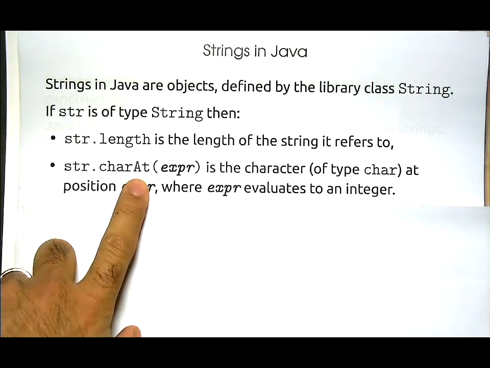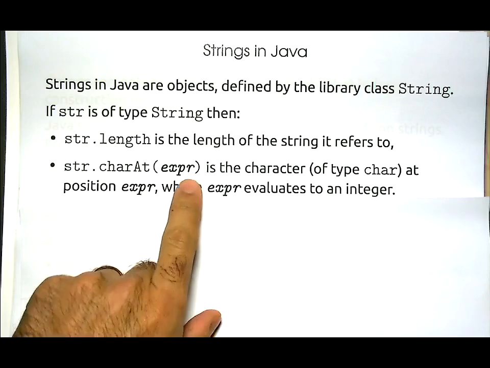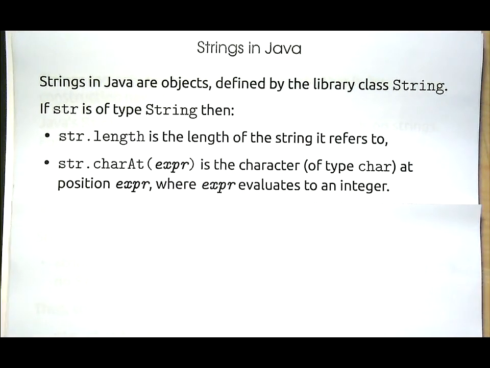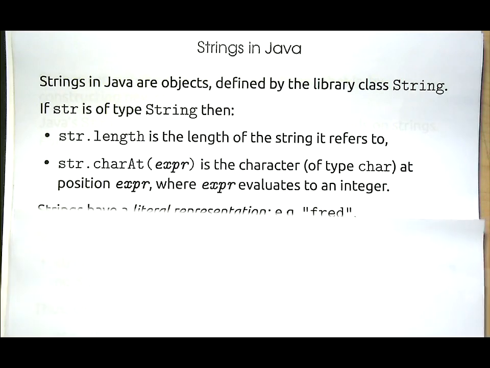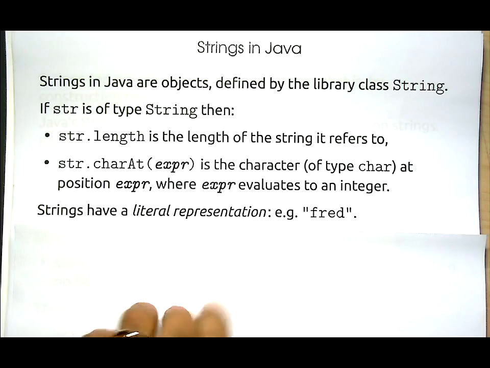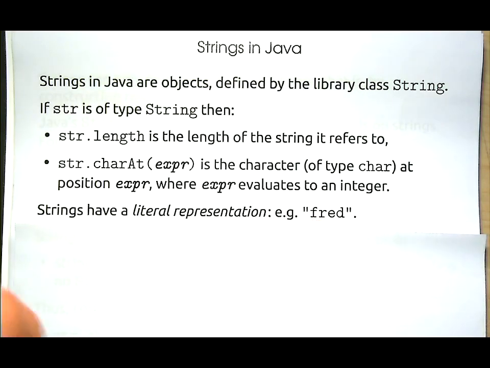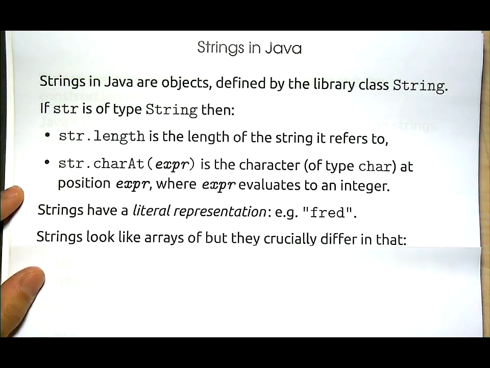You can call a method charAt and give an integer expression, and it'll give you the character at that position. So strings are like arrays of characters. And you can also have a literal representation of a string. For instance, this here is the string of length 4, with the characters FRED.